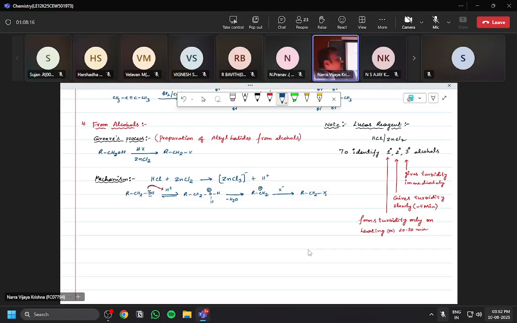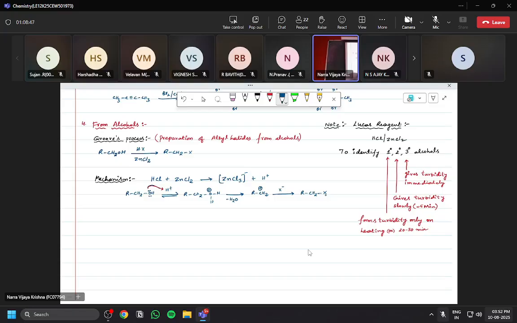Now, why is the Lucas test different from here? See here. In this reaction from alcohols we are preparing alkyl halides. When I am studying Lucas reaction, same reagent I will take. Tertiary alcohols will form tertiary carbocations, and on the tertiary carbocation you are getting halogen.